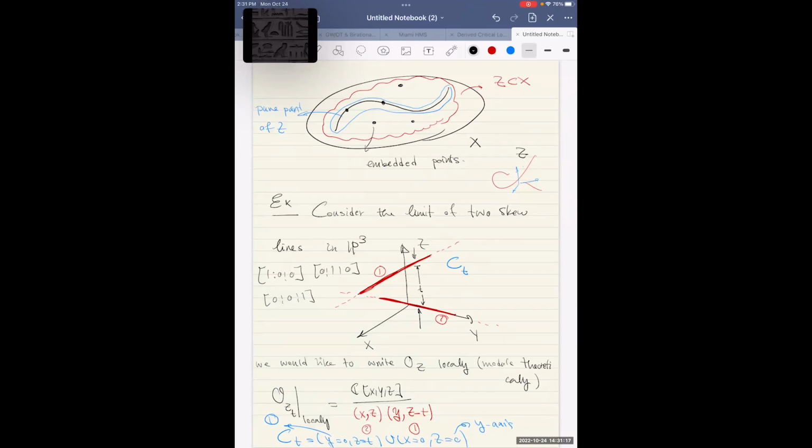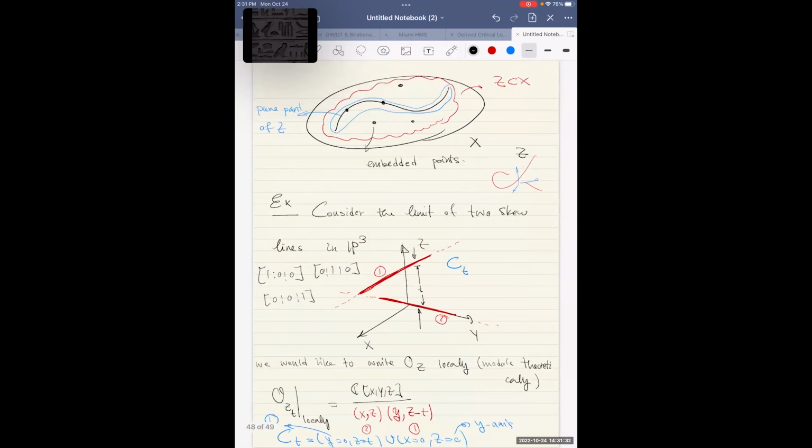So let time pass. I would like to see how O of Z_t progresses as time goes to 0. In order to see that, I need to see what's going to happen to this ideal down here. Then I can immediately say what's going to happen.